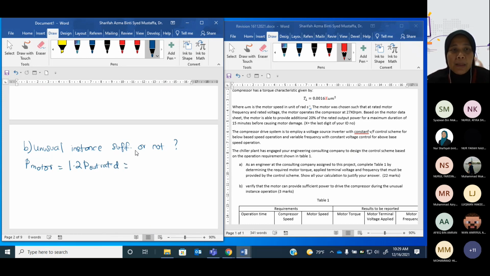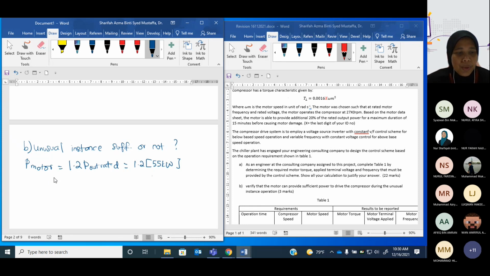So what is the rated P out now? 1.2 times 55 kilowatts. Okay. So this is the maximum power for the duration of 15 minutes only, which you can achieve before the motor gets damaged.